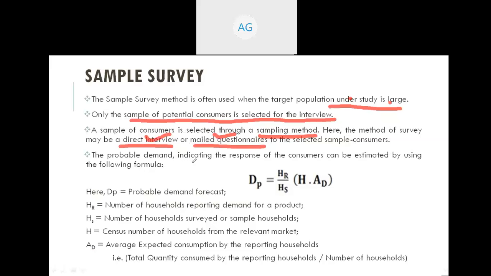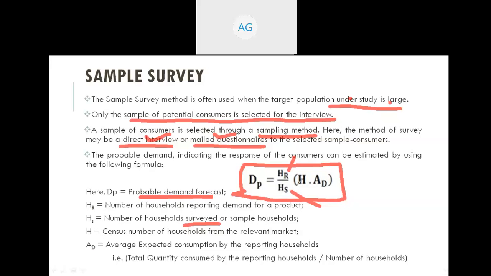So the probable demand indicating the response of the consumer can be estimated using this formula. So this is the formula for calculating the probable demand through this method. Here DP is the probable demand forecast, and HR means the number of households reporting demand for a product. Then HS, which is at the bottom, is the number of households surveyed or sample households.